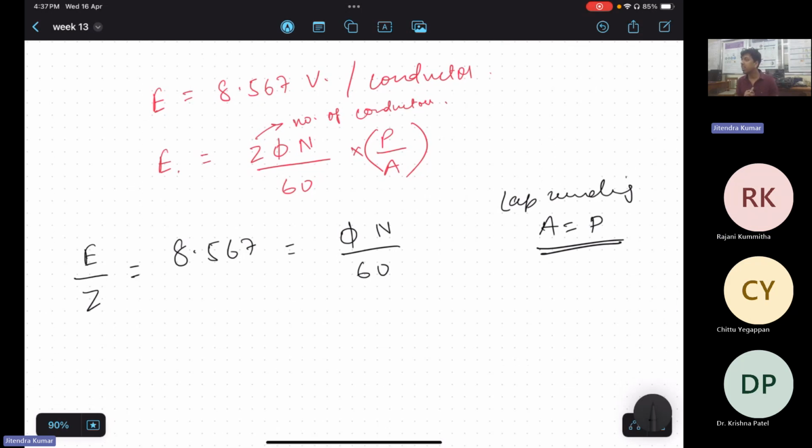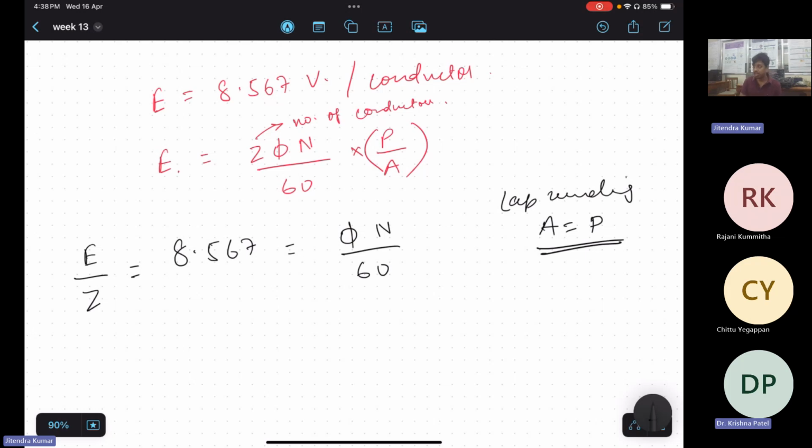Are we given the flux phi? Flux density is given, maximum flux density, sir. Then we have to find the flux, which will be flux density into area.